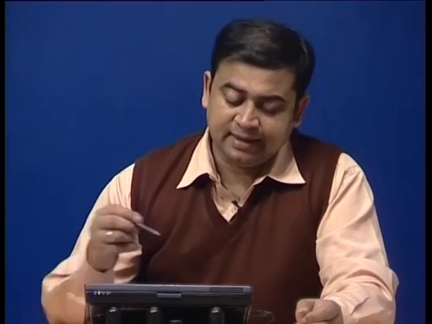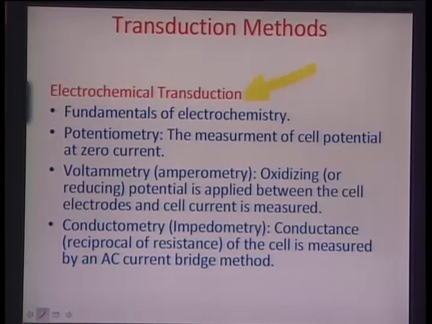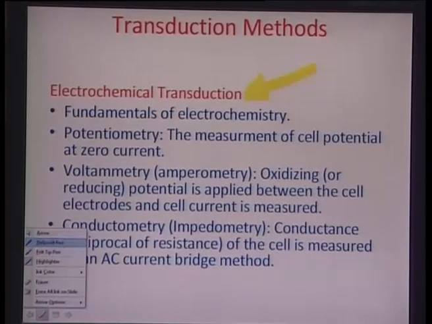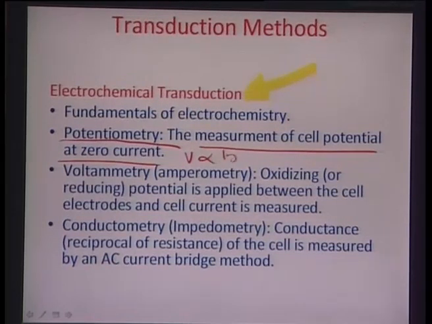If you look again at the different transduction types, I would just like to reiterate from the last few lectures that the electrochemical transduction can be characterized into potentiometry, which is the measurement of cell potential at zero current. And if I may just add, it is a method in which the voltage is proportional to the log of concentration of the analyte of interest.